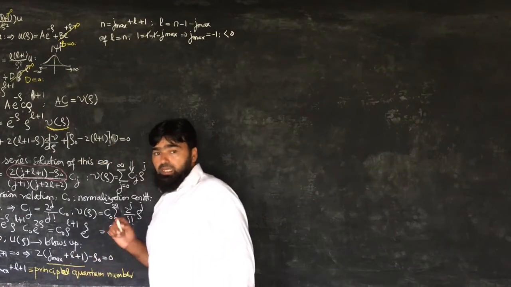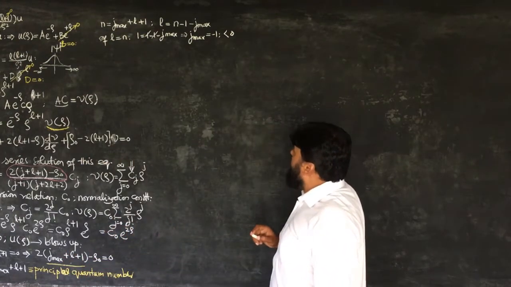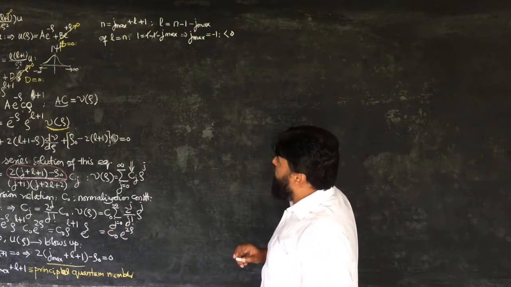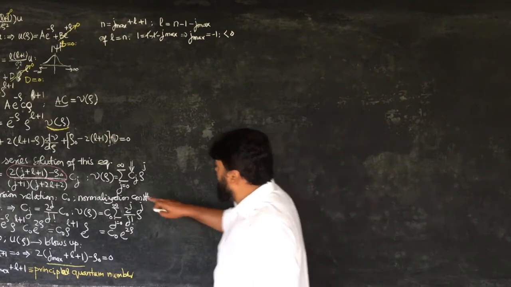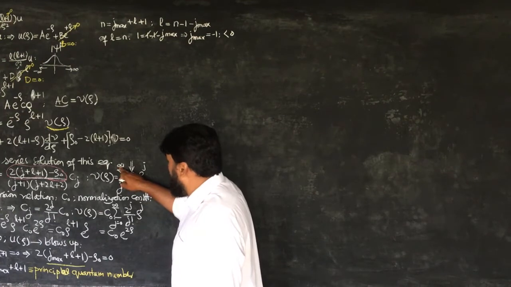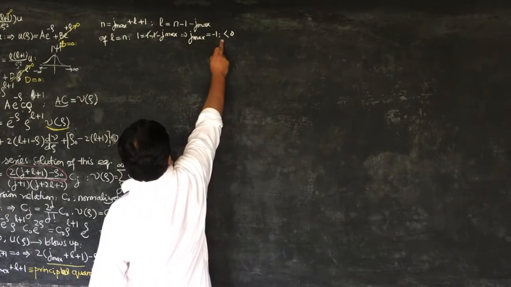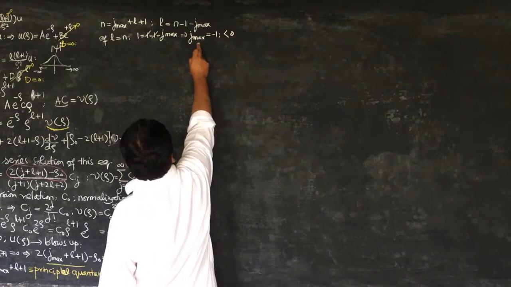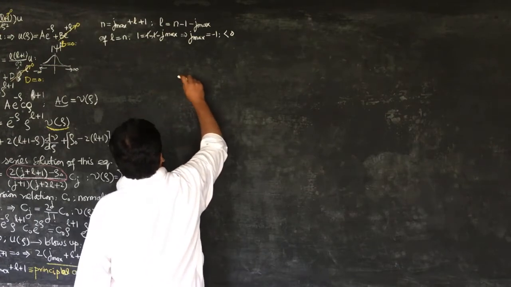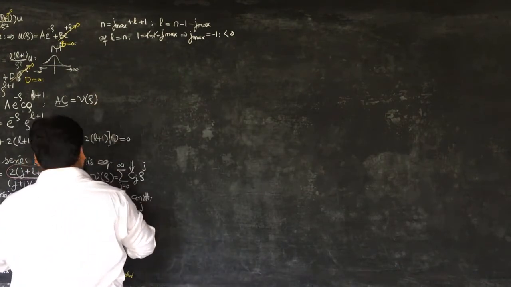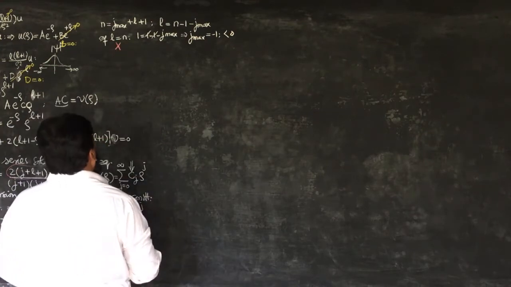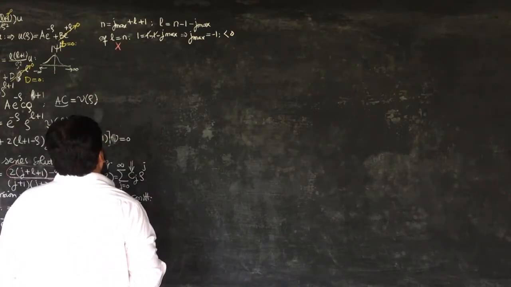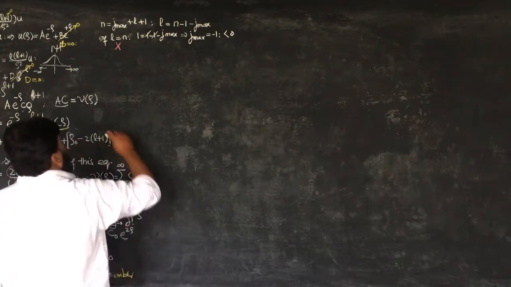Now J is a number, and its minimum value starts from 0, and it goes to infinity here. So it can never be negative. So it means that this thing is not possible. L equal to N is not possible.